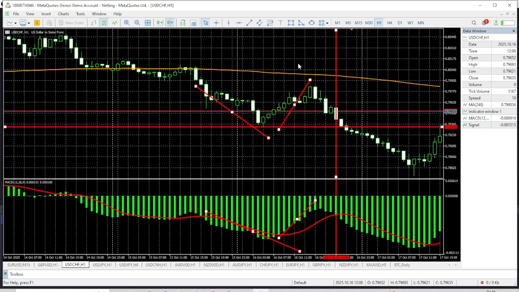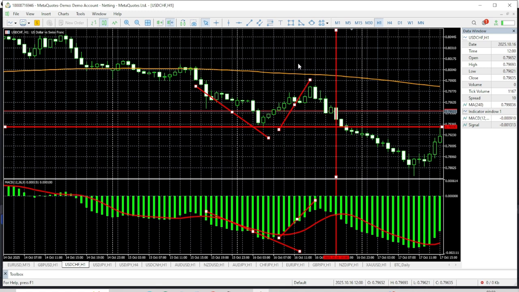So if we are buying, our stop loss should be below the EMA 240 and not more than 1% of our balance should we have a setback. And if we are selling, our stop loss should be above EMA 240.